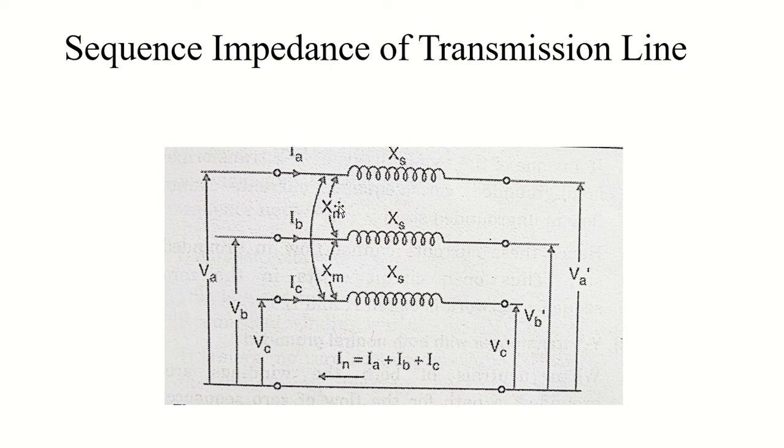Because we are grounding the tower at some distance, the sum of Ia, Ib and Ic will be equal to In, the neutral line current.